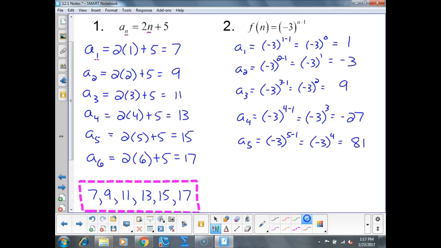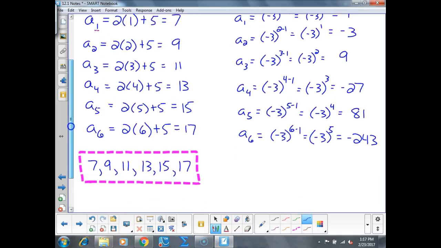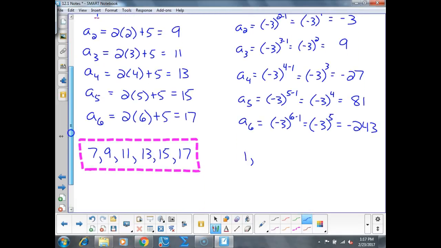My fifth term is 81. And my sixth term is negative 243. So when I write that out, 1, comma, negative 3, comma, 9, comma, negative 27, comma, 81, comma, negative 243.